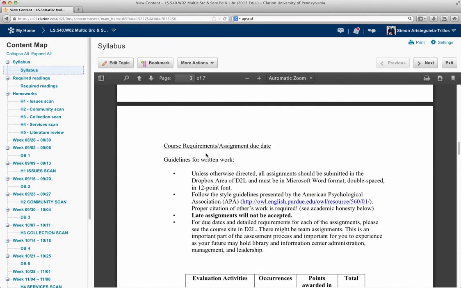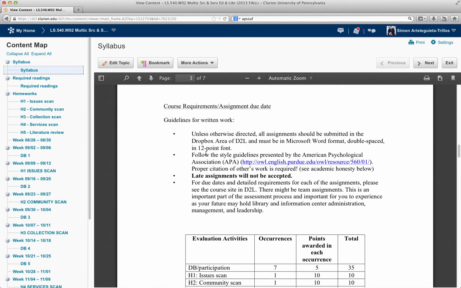Then it is very important, the course guideline. And here what it says is that first, unless I said something differently, you have to submit your homework and your assignments to the Dropbox area. Unless I say something differently or it is written differently. Then for every work you have to use APA format styling and citation.